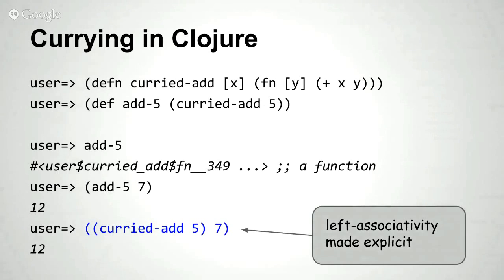So this is how Clojure would do it. And the left associativity of function application. Remember that function application and the function types are completely different things. The function application's left associativity is explicit in Clojure because in Clojure, the curried add takes one argument, and returns another function that takes exactly one argument.